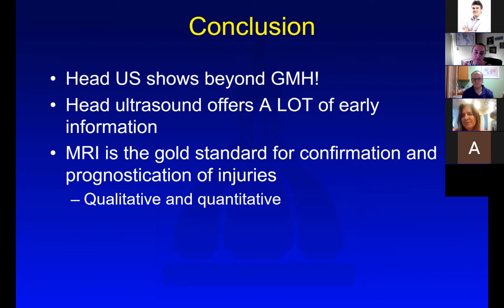It's a reduced 15-minute protocol. For black bone imaging, we previously did a study to see the value of the black bone sequence against head CT, to see how well we identify the fractures on black bone. It seems to have a good correlation, more than 80%.